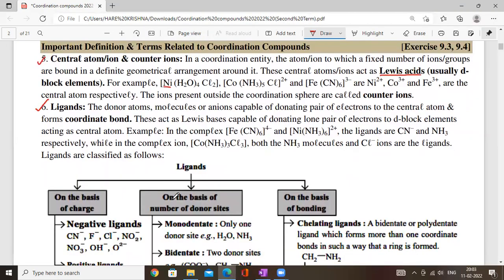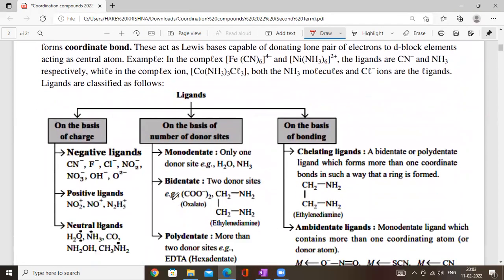Now let's go to the classification of the ligands. They are classified in three ways: on the basis of charge, on the basis of the number of donor sites present, and on the basis of bonding. Let's start one by one. I'm going to take up the first two simultaneously.